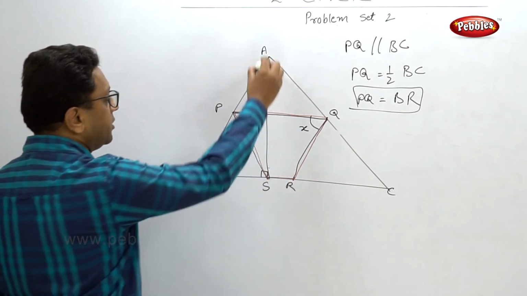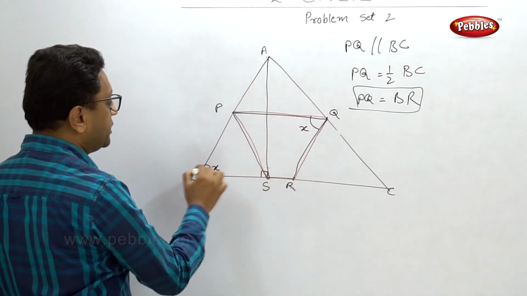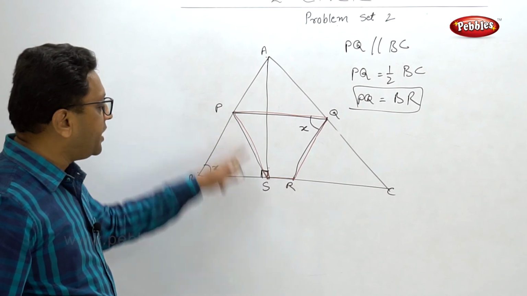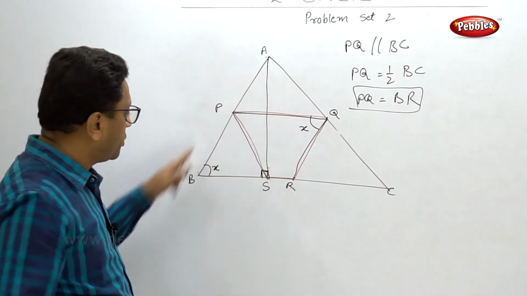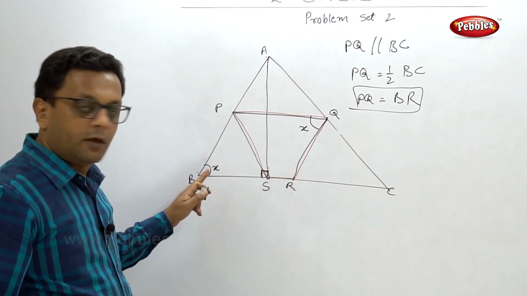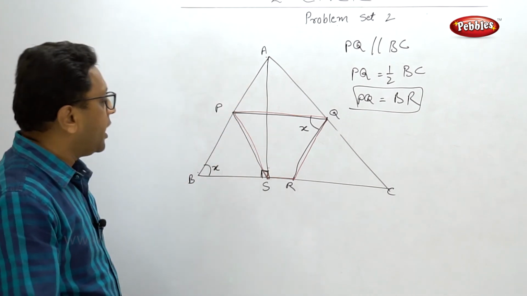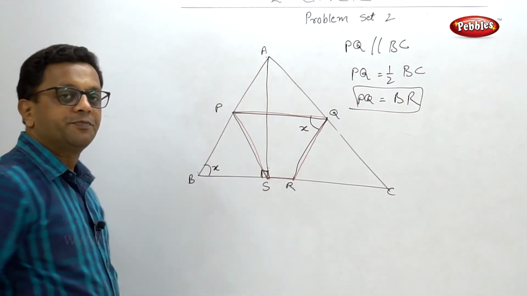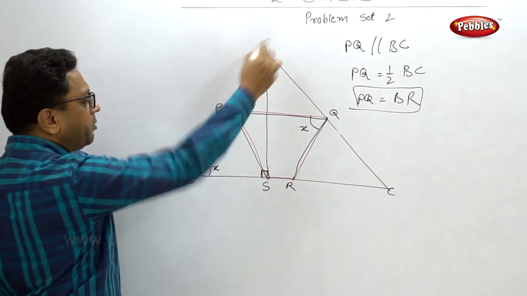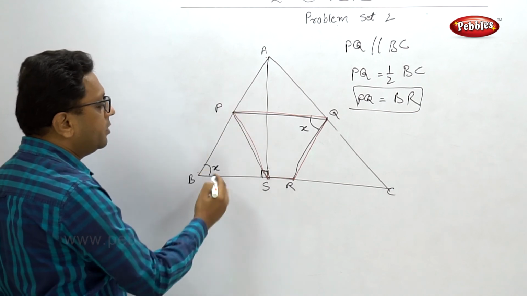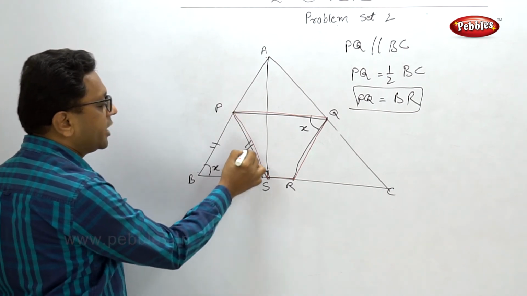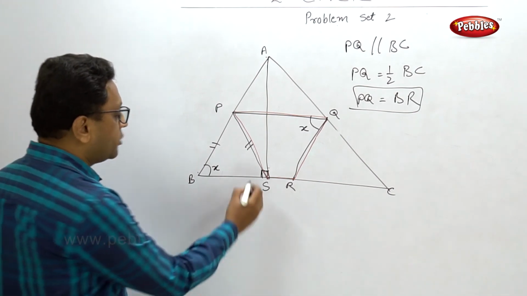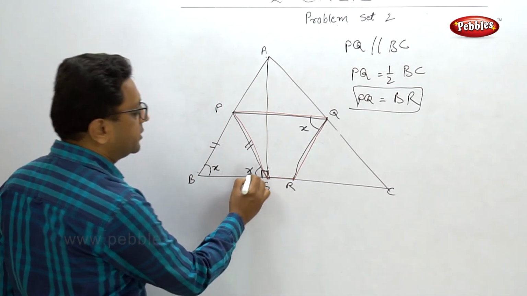Now consider this triangle ASB. This is a right angle triangle. But P is the midpoint, so PS is the median on the hypotenuse, and hence PS is half of AB. But half of AB is the same as BP. So these two sides are equal. Right? And so this angle is also x.